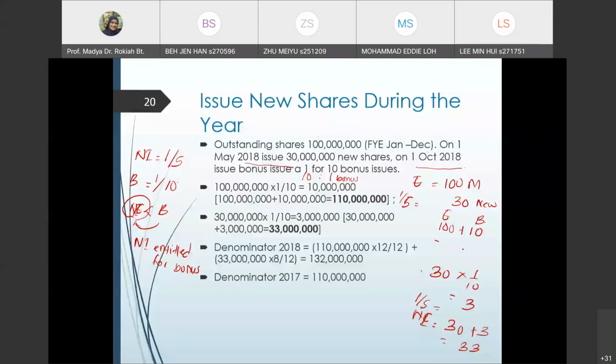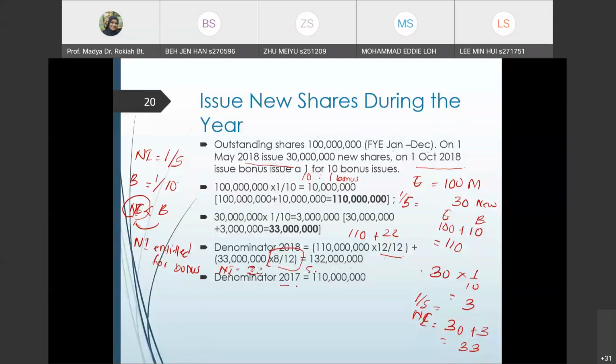Plus this one, you're going to have another 22. 33 here is from the new issue, times 8 over 12 because it's starting from May until December. Until December, you have 8 months. So we're going to have 22 here. So altogether, we're going to have 132. So this is the denominator for the year 2018.